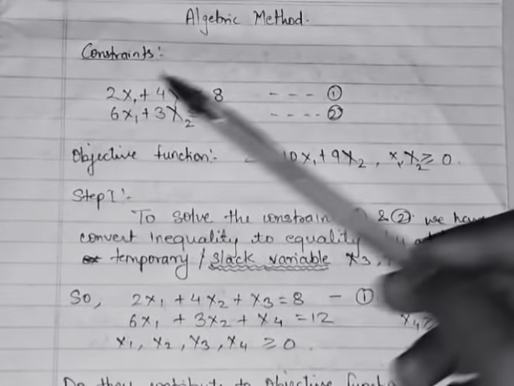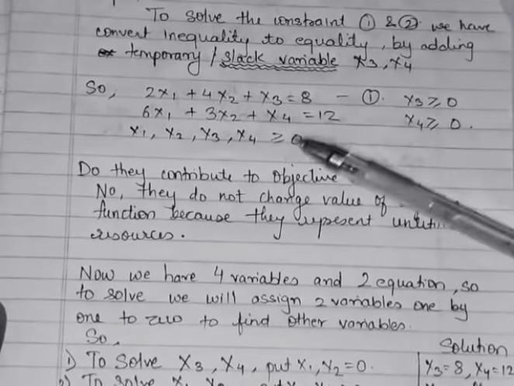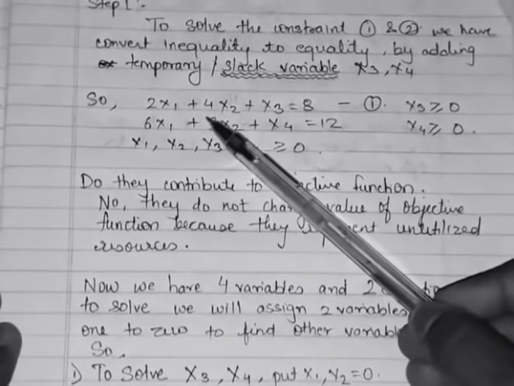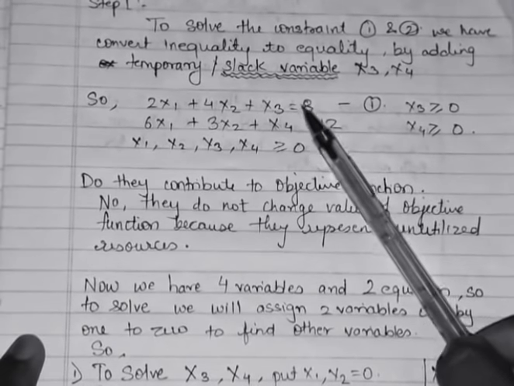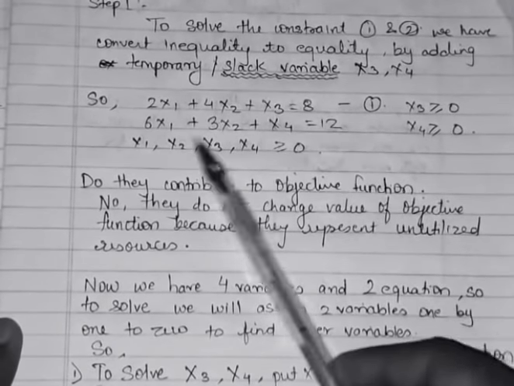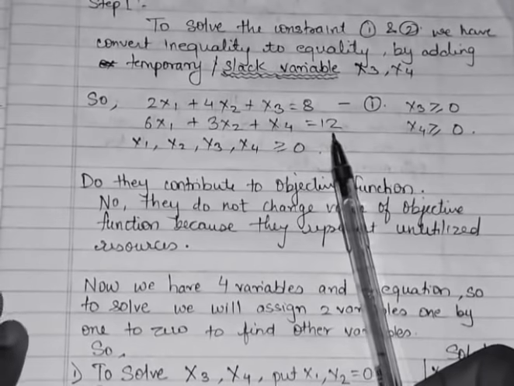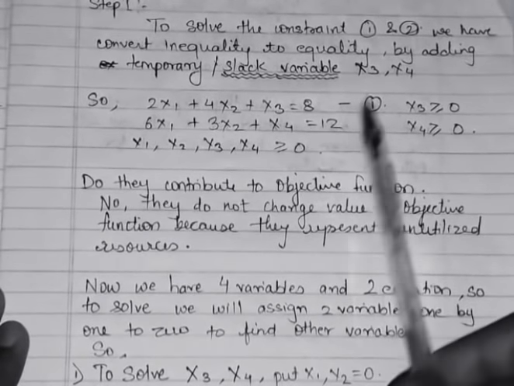So I will be introducing two slack variables which will convert these inequalities to equations. Now we can see 2x1 plus 4x2 plus x3 will become equal to 8. Similarly, plus x4 will make it an equation equal to 12.